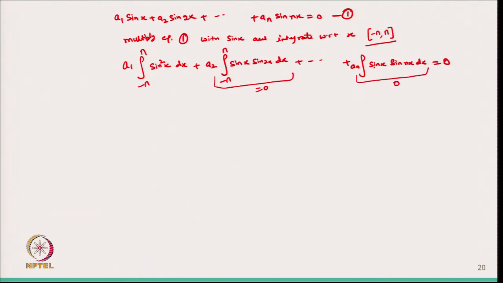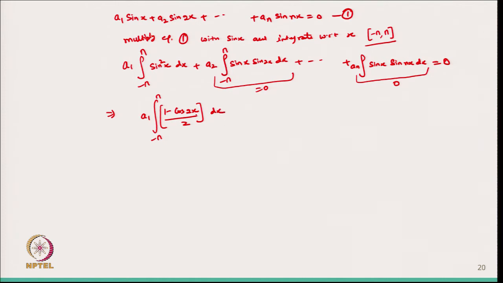So, all the terms will be 0 except this term. From here you can see that I can write a1 times the integral of sin x square, which can be written as 1 minus cos 2x divided by 2, and then doing the integration from minus pi to pi dx.